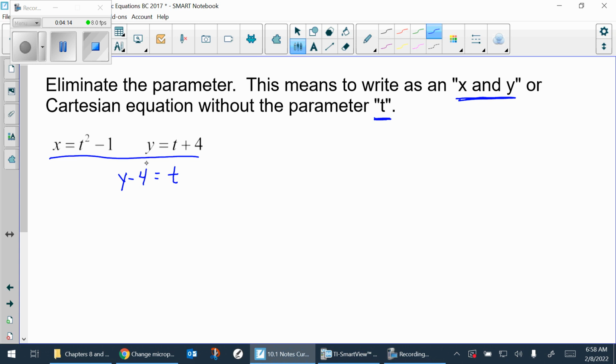And now we're going to go back to the x equation and replace t with that value. So x is equal to (y minus 4) squared minus 1.